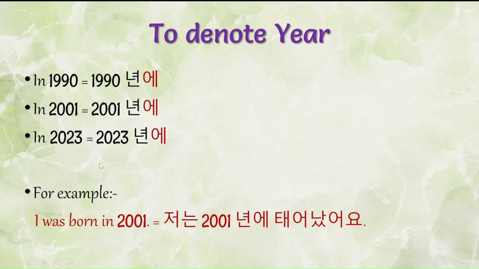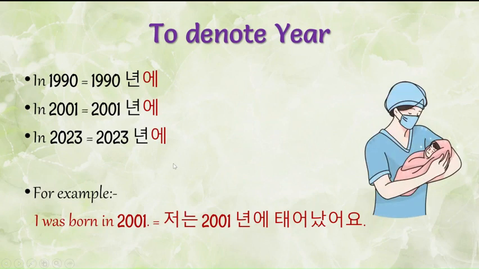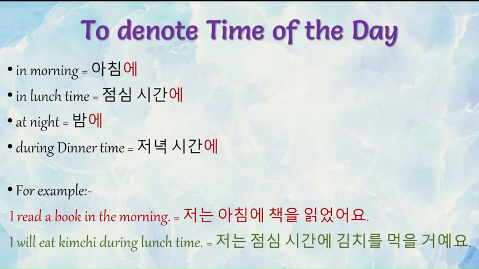So 2023년에, in 2023. Okay, for example, you have to say I was born in 2001. It is going to be 저는 2001년에 태어났어요.